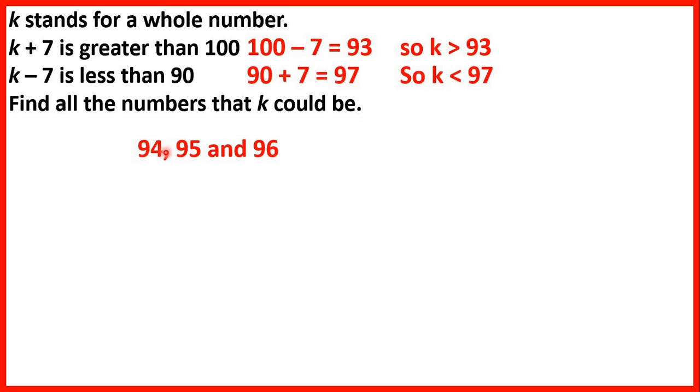So K could be 94, 95 or 96. So if we check that this works, if K is 94, 94 plus 7 is 101, so that's greater than 100. And if K is 94, 94 minus 7 is 87, so that's less than 90. And then we can do the same to check 95 and 96.